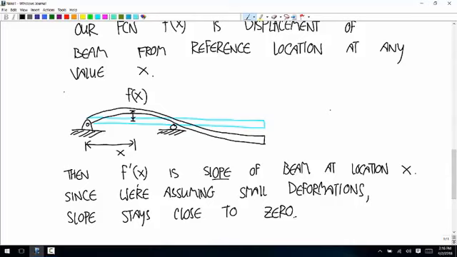And if the slope of that beam stays reasonably close to 0, then you square that for the curvature formula, and that denominator is even closer to 1.